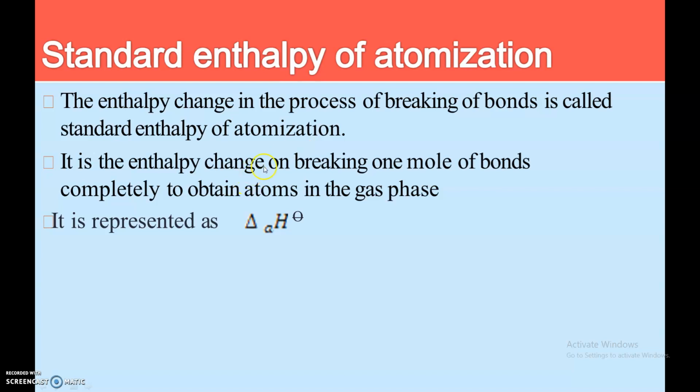That is, it is the enthalpy change on breaking 1 mole of bonds completely to obtain atoms in the gas phase. So here 1 mole is the standard condition: 1 mole of bonds completely breaking and giving its atoms in the gas phase. It is represented as delta H atomization.